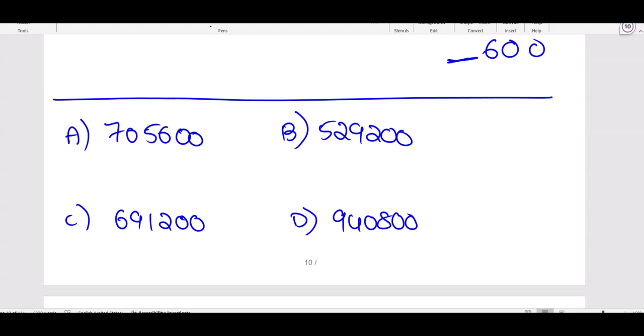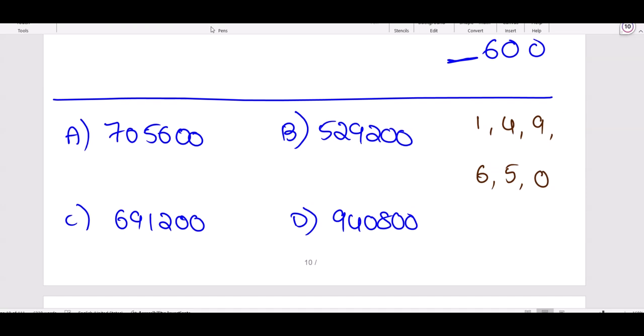If you observe, the units place can be 1, 4, 9, 6, 5. 7 square, 49, again 9 only will come. 8 square, 64, again 4 only. 9 square, 81, 1 only. 10 square, 0.